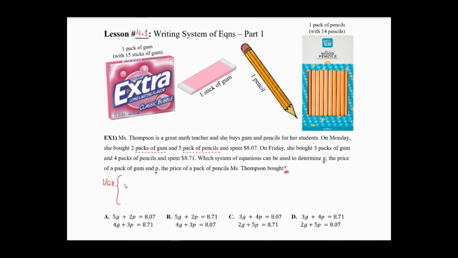So in this problem here, we know that one of the variables is going to be letter G, which is the price of a pack of gum. So we can write there the price of a pack of gum.